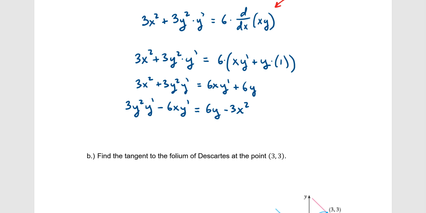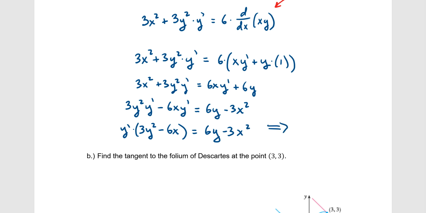The reason why we did that is because now we can factor out a y prime. If you factor out a y prime, you're left with 3y squared minus 6x. And then the right-hand side stays the same. And hopefully now it becomes clear.